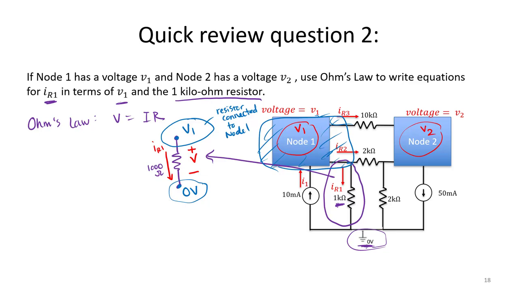Well, if we apply Ohm's law, we would know that IR1 must be equal to our voltage across the resistor, which is V, divided by our resistance, R. We know our resistance is 1,000 ohms. What's our voltage V here? How many volts do I lose if I walk across my resistor?